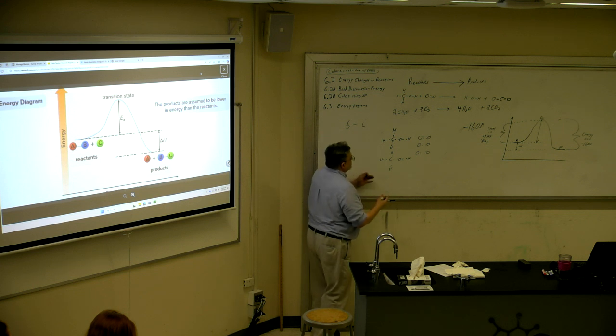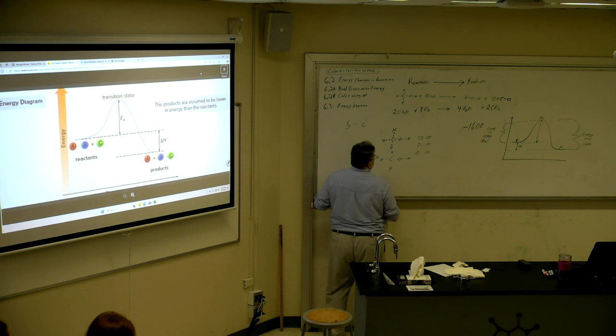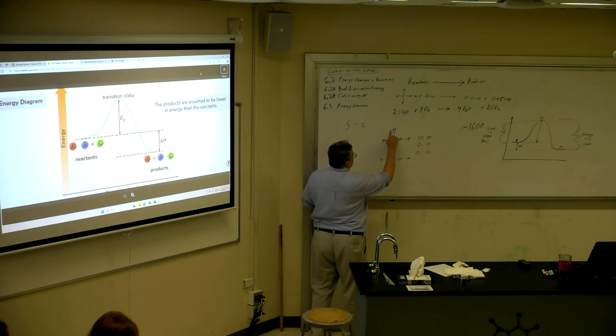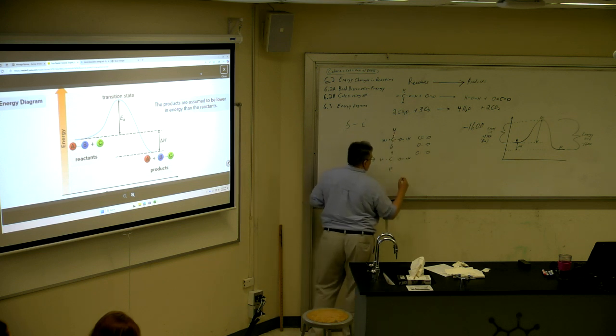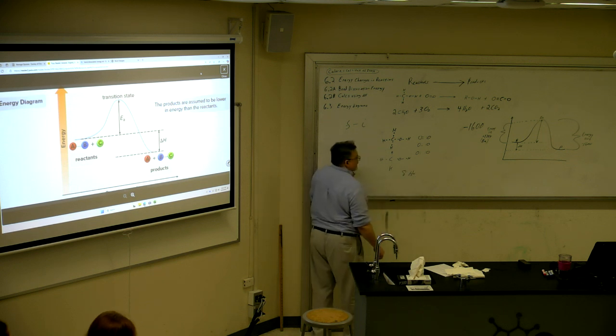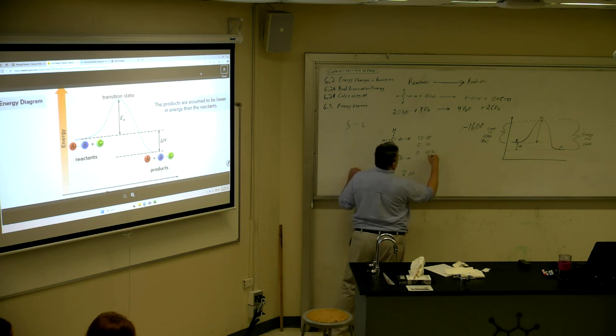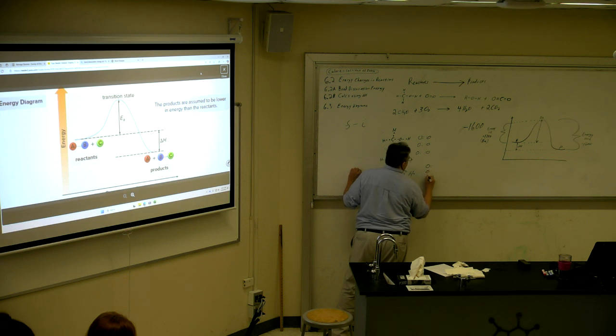And now that the bonds are broken, they could just drift away from each other. So now I have 1, 2, 3, 4, 5, 6, 7, 8. I have 8 of those floating around, 2 of these looking things floating around, and 6 of these floating around.